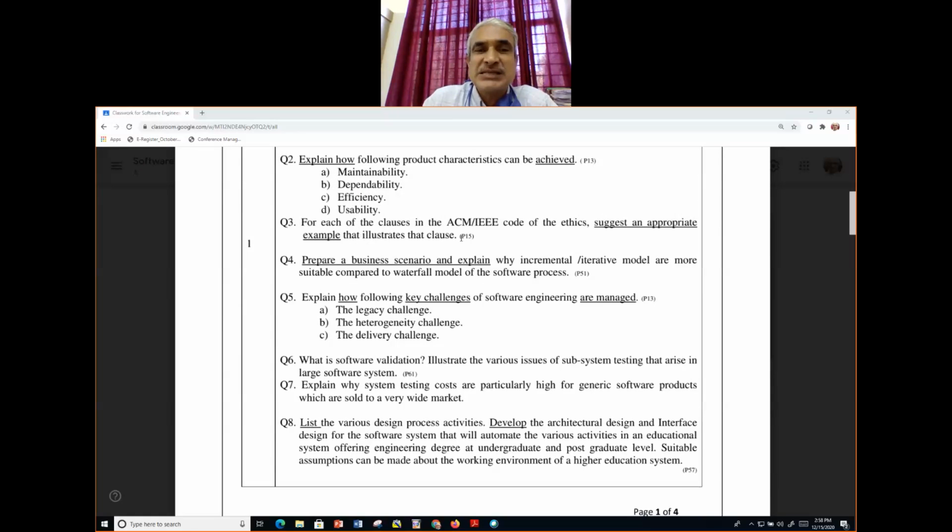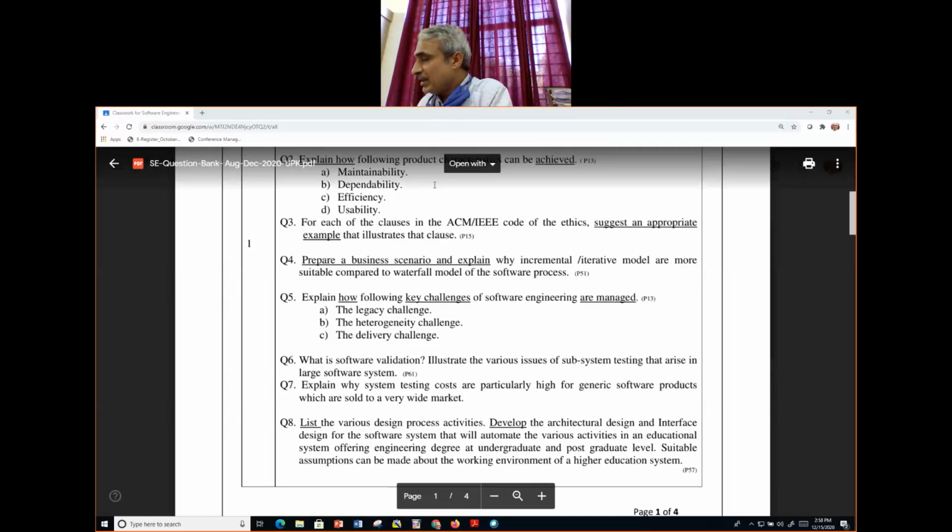Then, for each of the clauses in the IEEE SEM Code of Ethics, suggest an appropriate example that illustrates that clause. Refer to it; I've given page number 15. You open that. What are the different clauses you have? You have something called public: software engineers shall act consistently with the public interest.